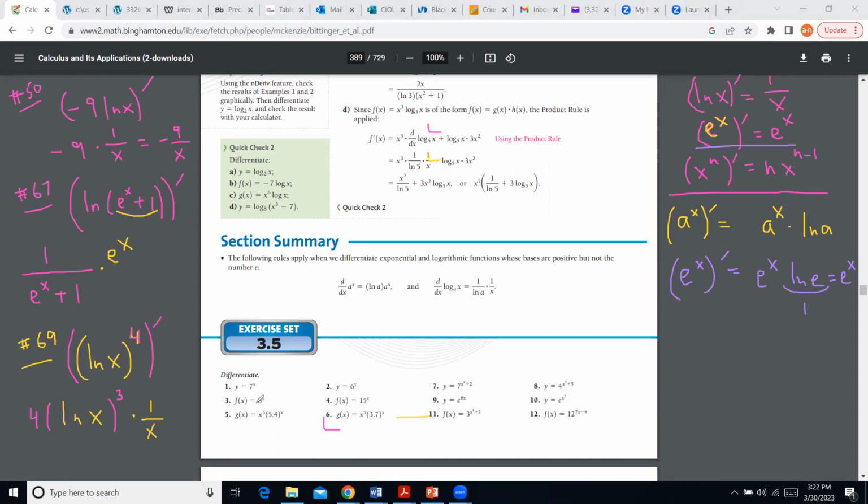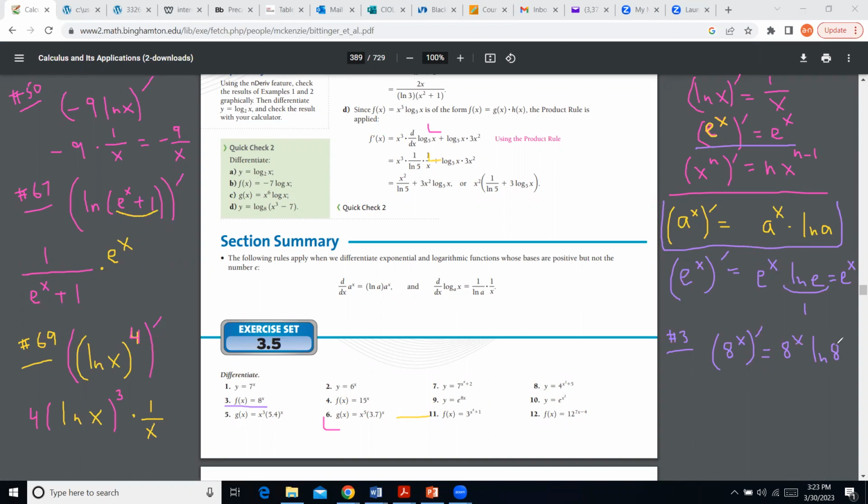Let's say, how about problem number 3? It says differentiate or take a derivative of 8 raised to the power of x. So I'm going to look at the new formula and write this as the same 8 to the power of x, but multiplied by ln of a, ln of 8. ln of 8 is something I can calculate.